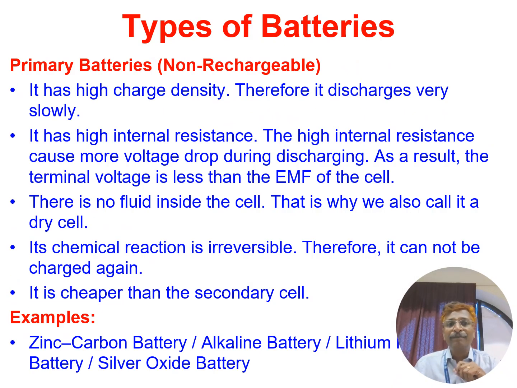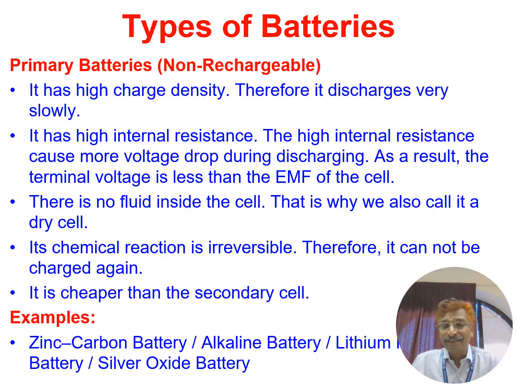Primary batteries have high charge density, therefore they discharge very slowly. They have high internal resistance. The high internal resistance causes more voltage drop during discharging. As a result, the terminal voltage is less than the EMF of the cell.